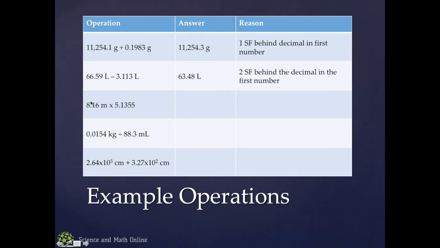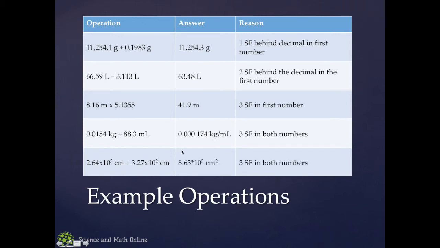Here I'm multiplying, so now I'm about significant figures here. So 1, 2, 3, 1, 2, 3, 4, 5. So my answer can only have 3. So round it off to 41.9. Same thing here. Got 3 sig figs, so 3 sig figs is my final answer.